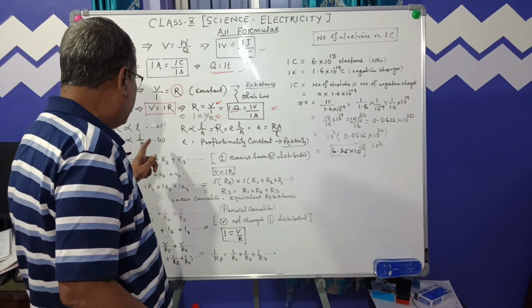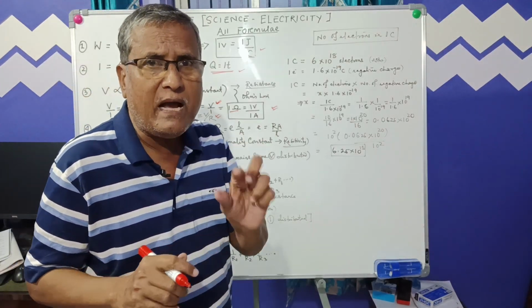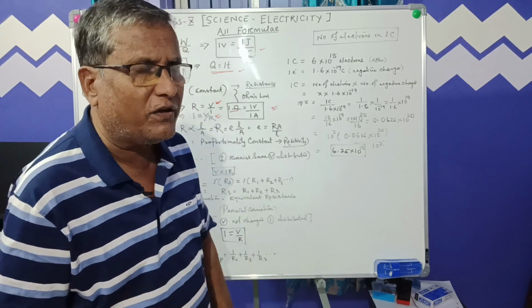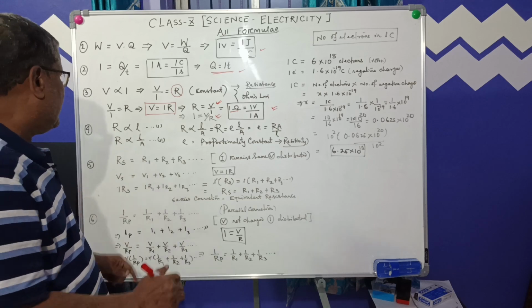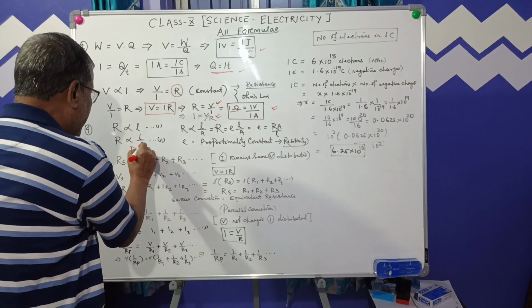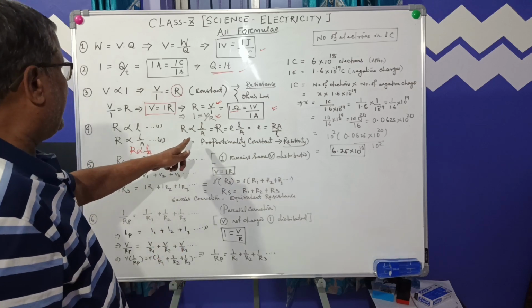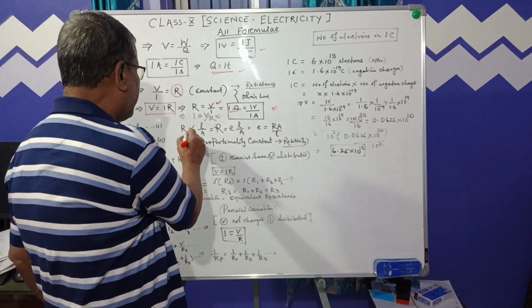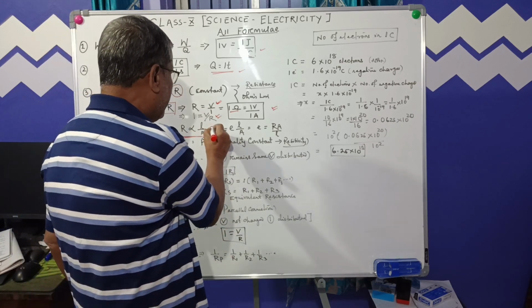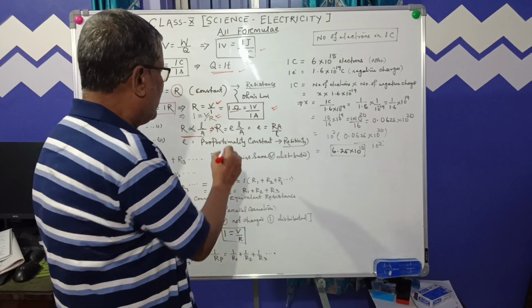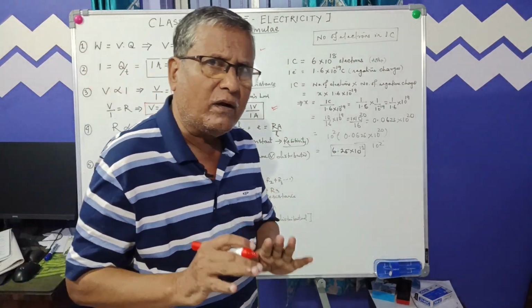The second condition, R is inversely proportional to the area of cross section of the conductor. So combining together, we find R varies L by A. Okay, and this implies R is equal to rho L by A. Here rho is a constant.